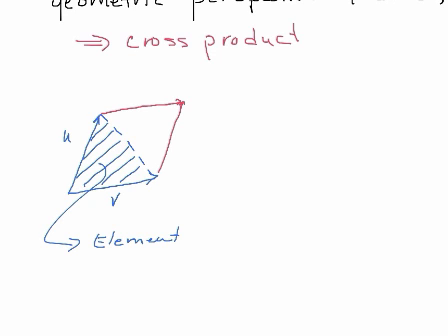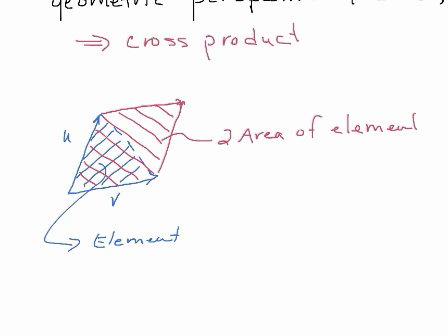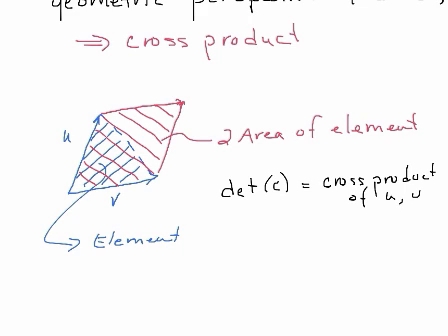And if that's our element, then this section that I'm highlighting in the cross product is 2 times the area of our element. So with the determinant of C equal to the cross product of the two vectors, we can also say that it's equal to 2 times the area of our element.